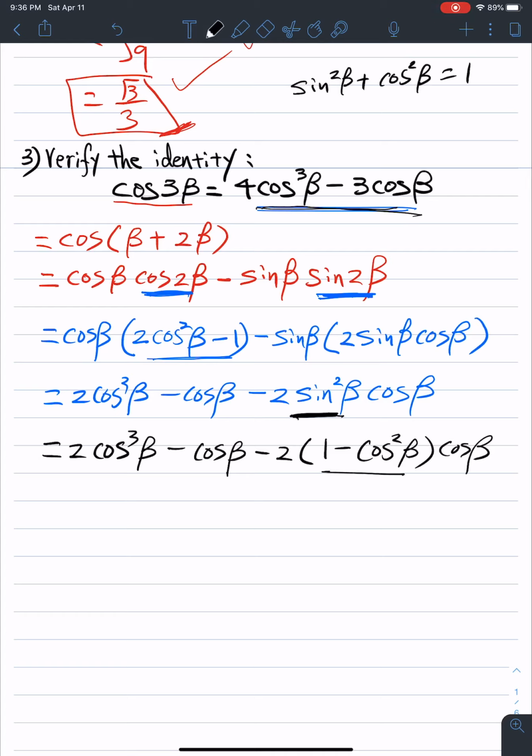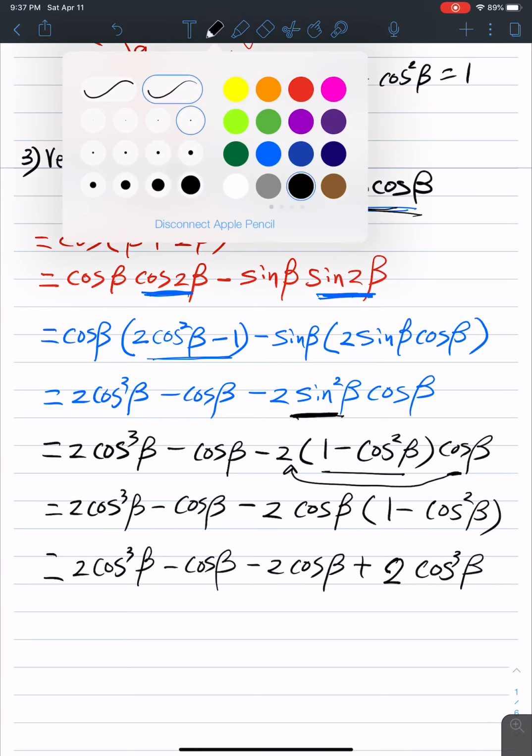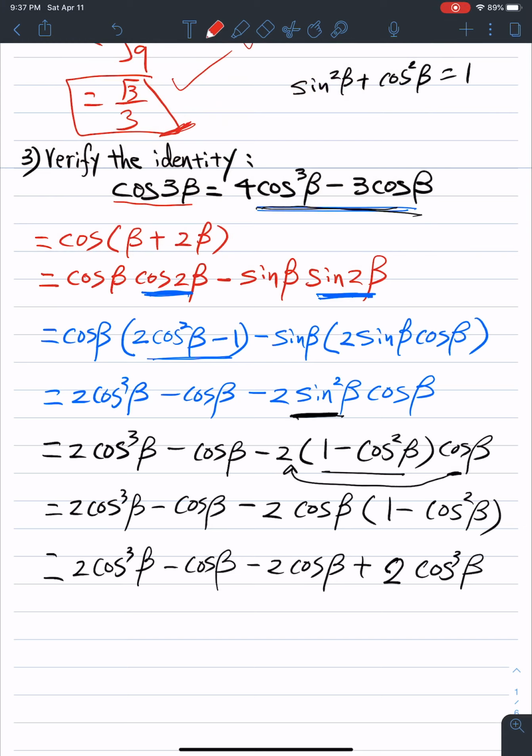And then I move that one to the front. Then I can distribute, and once I distribute, I can combine like terms.